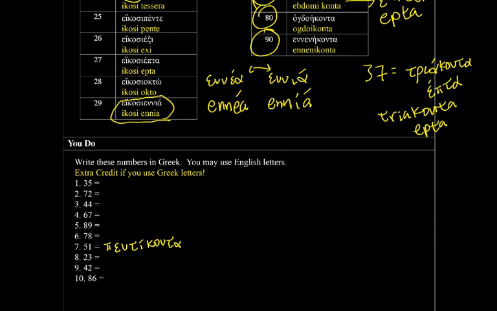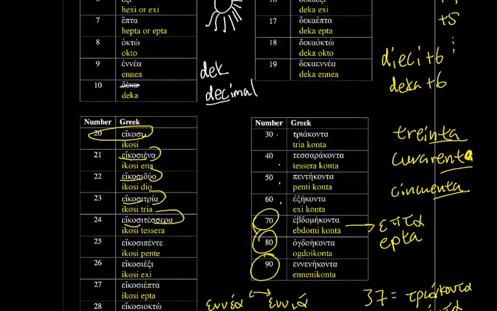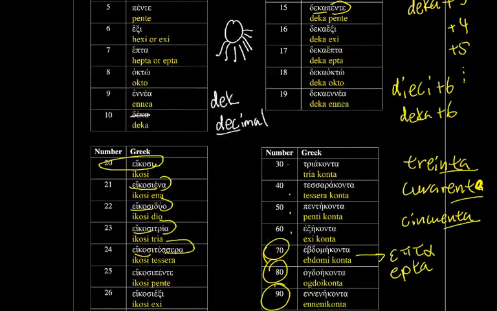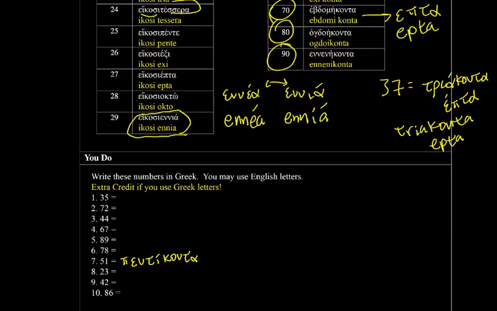Let's look over here at 1. It is ena. So penticonta, ena. If you want to write it in English letters, you can write it like that too. Penticonta, ena.